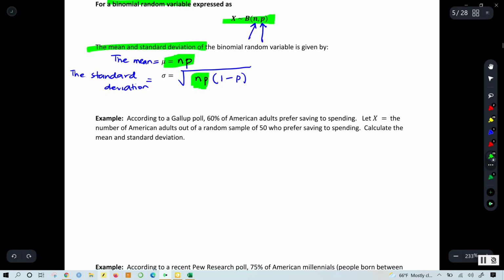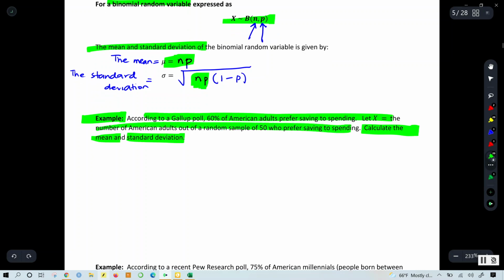Now is a good time to take the first example to illustrate how to calculate the mean and standard deviation of a binomial experiment. In this question, we're told that according to the Gallup poll, 60% of American adults prefer saving to spending. Let X be the number of American adults out of a random sample of 50 who prefer saving to spending.